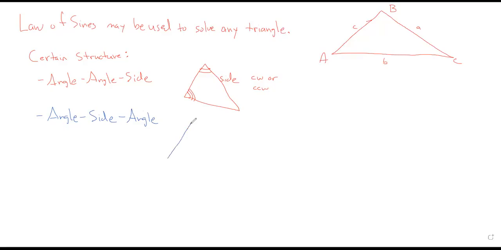And again, if you have a triangle, then if you have an angle and then a side and then another angle, and again, this can be read clockwise or counterclockwise, then you can also use law of sines if you have this kind of a structure. And this is the one that we're going to focus on today.